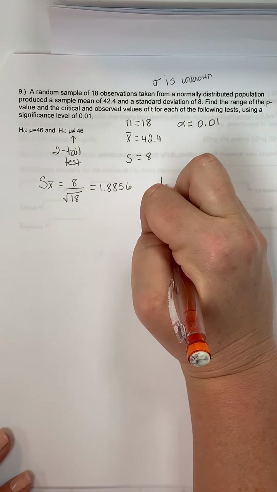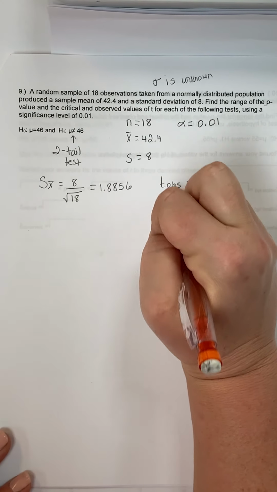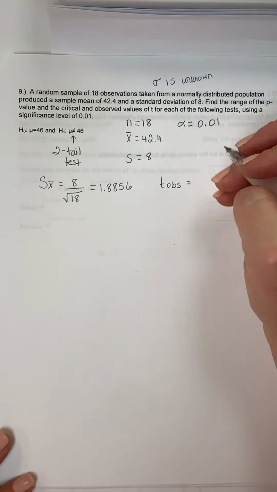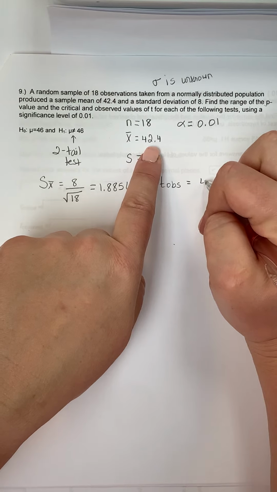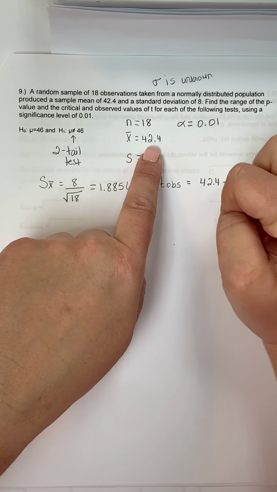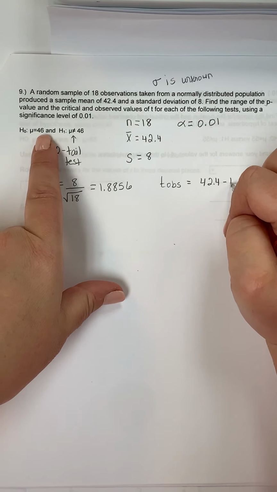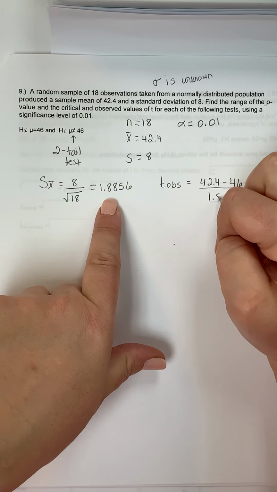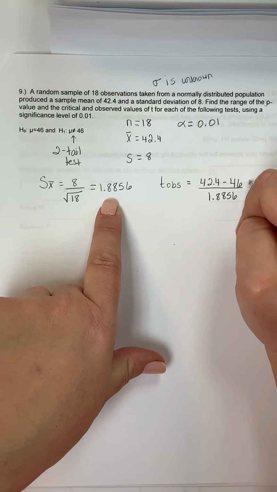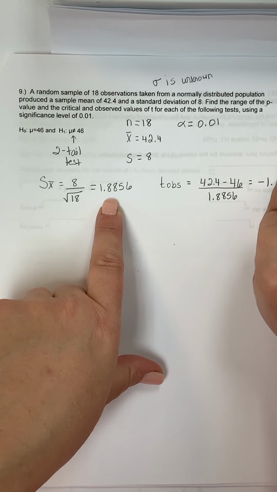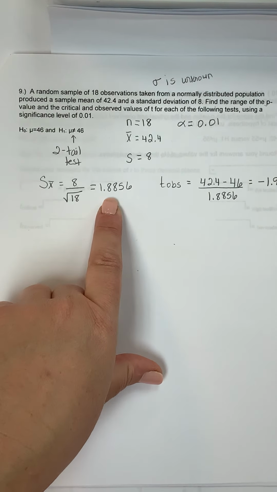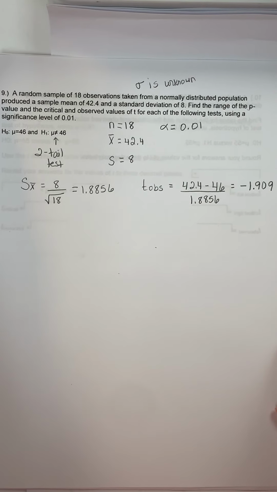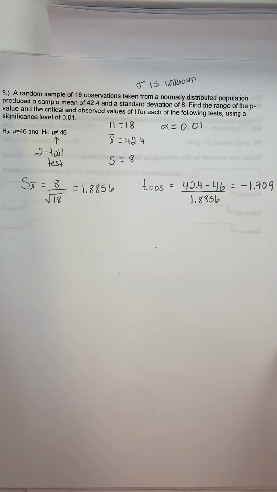And my t observed, remember that's also called the test statistic if you are looking in Wiley, it's going to be X bar minus mu, we come over here to the null, over S of X bar. And I get a t observed value of negative 1.909.